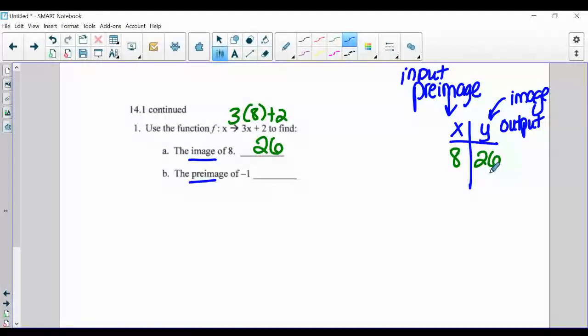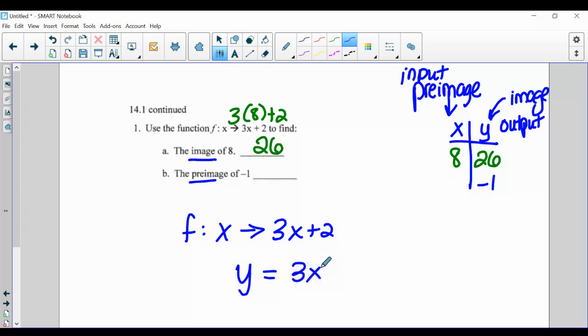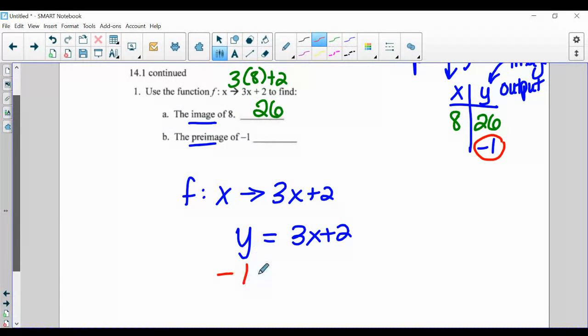1b asks us to find the pre-image when they've given us negative 1 as an output. So what you can do with this function, it's been given to us in this notation, you can always rewrite it as y equals 3x plus 2. This might make more sense to you because then you say, oh, they've given me the y value. So I'll just substitute that for y, and then I'll just solve for x, which means isolate x here.